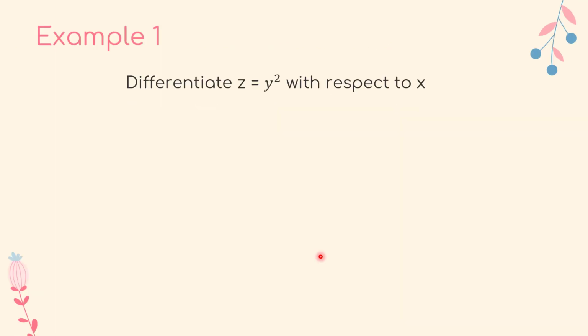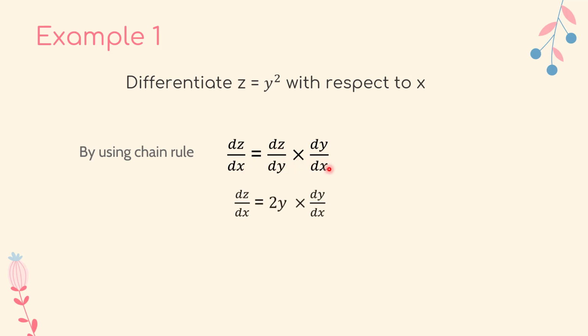For example, here we have z equals y squared. We need to differentiate this with respect to x. So, by using the chain rule, dz/dx will be dz/dy multiplied with dy/dx. Here, dz/dy will be 2y, and then you continue with the differentiation of y with respect to x.